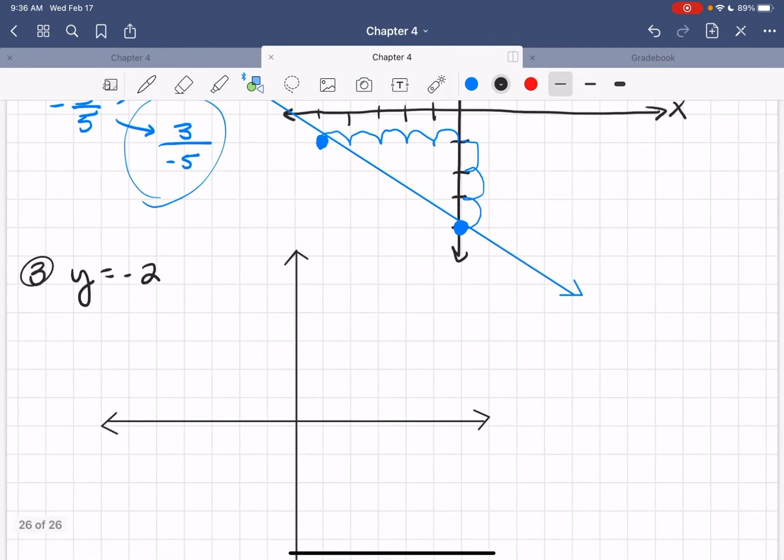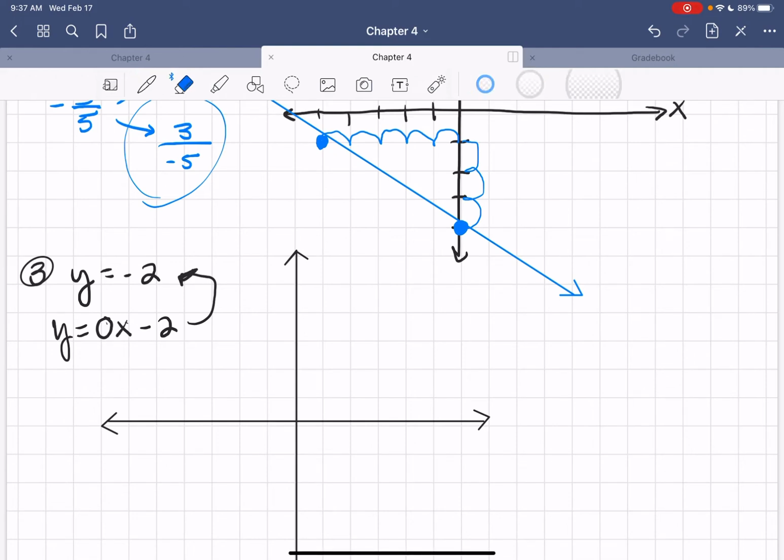Well, what's happening here is the m is actually 0. So I would have had 0x minus 2, but because I simplified that, it just turns into y equals -2. So I have a slope of 0.